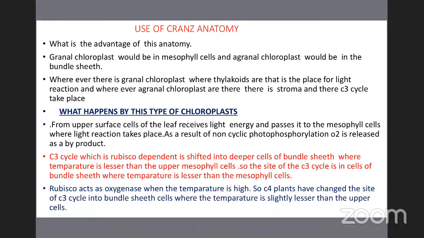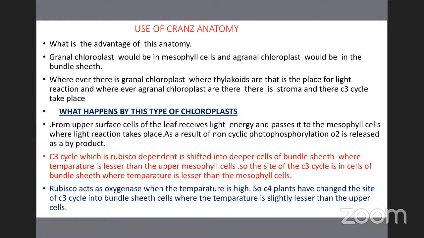We must remember this point very clearly, that granal type of chloroplasts are found only in mesophyll cells, and the agranal type of chloroplasts would be in the bundle sheath cells. And one thing: wherever there are granal chloroplasts and thylakoids, that is definitely the site of light reaction.